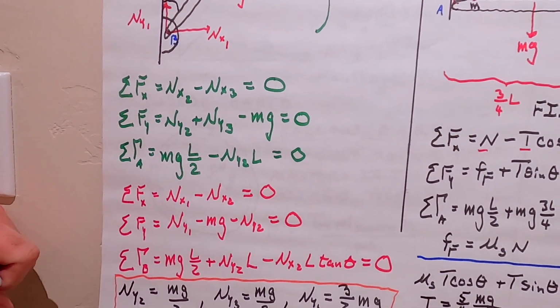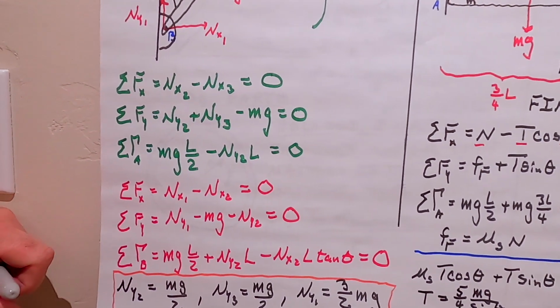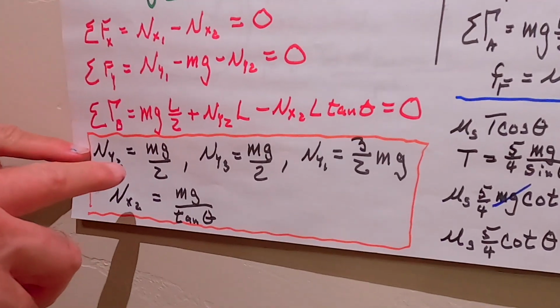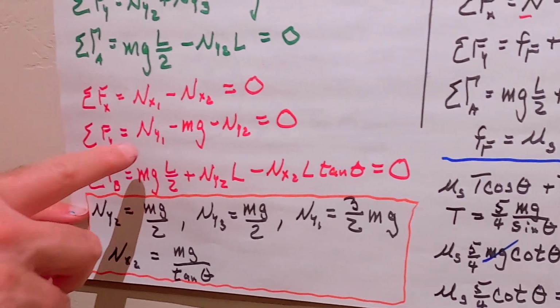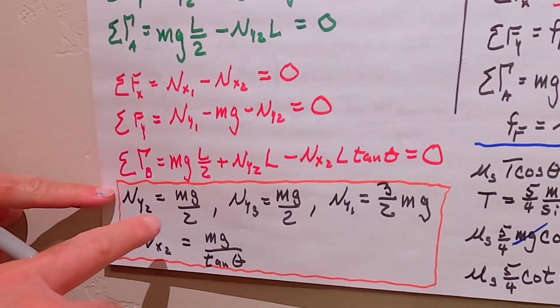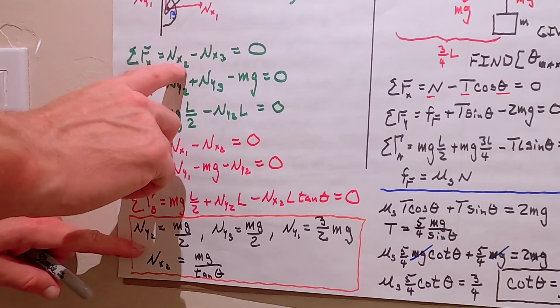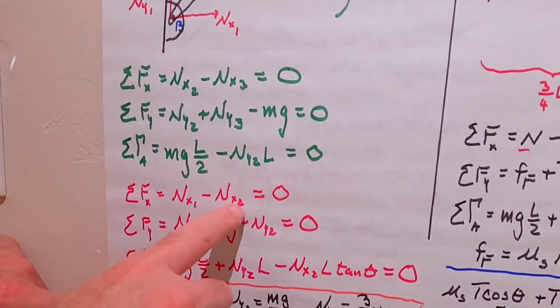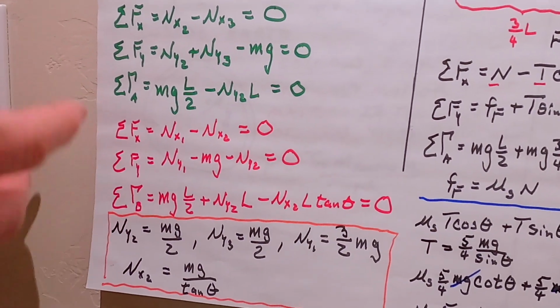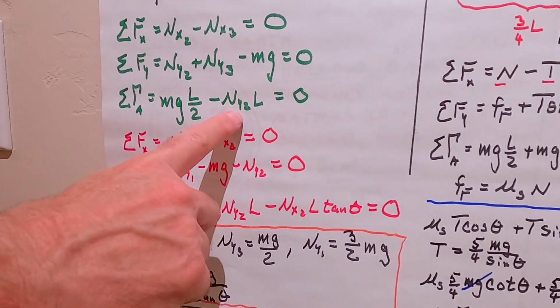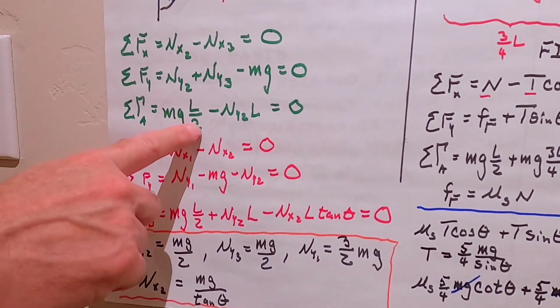So it looks like we can solve for NY2. Actually, from this, we can see NX2 equals NX3 and NX1 equals NX2. All the NX's are the same. NY2 I can get from right here, which is mg over 2.